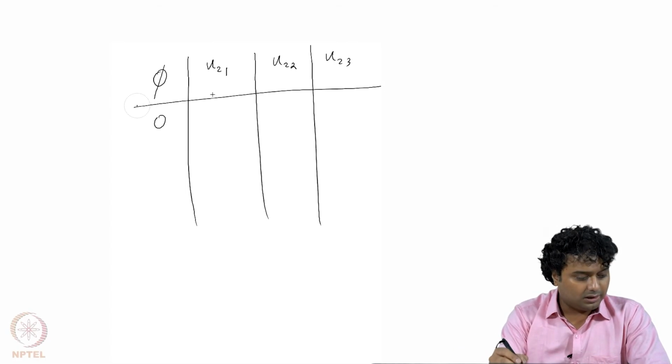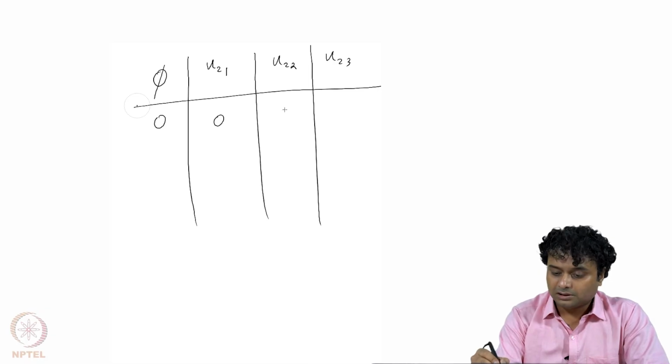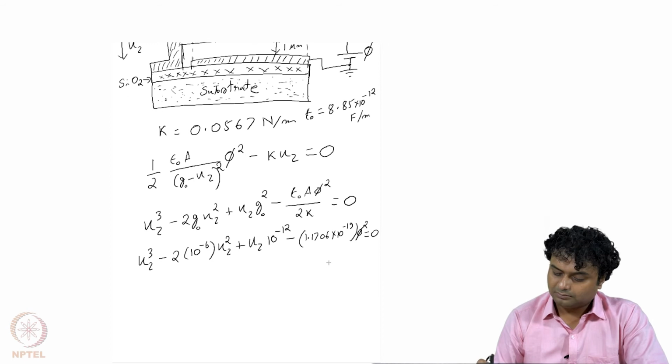Phi equal to 0, then one root will be 0 and the other two roots will be 1, 1, and you can see that from this equation also.